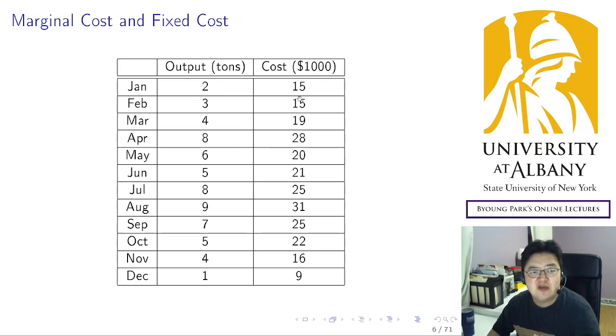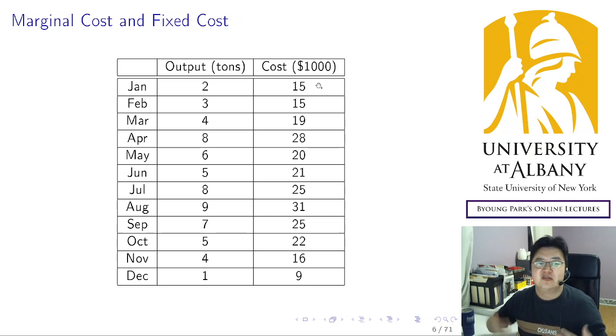In January, you spent $15,000 to operate the factory, the company, the restaurant, whatever. And in February, you also spent $15,000, right?